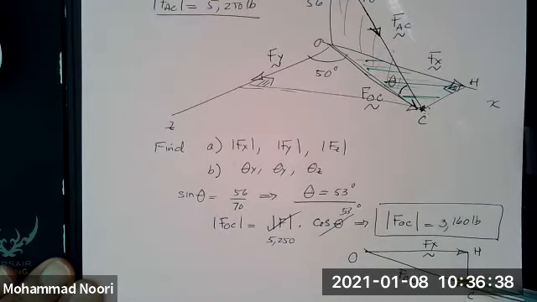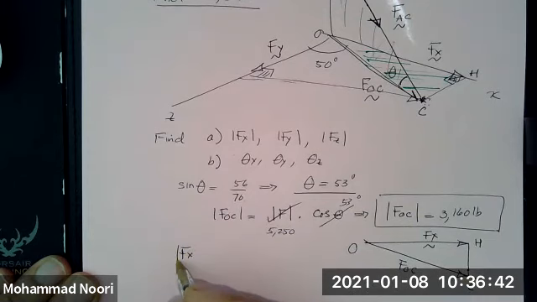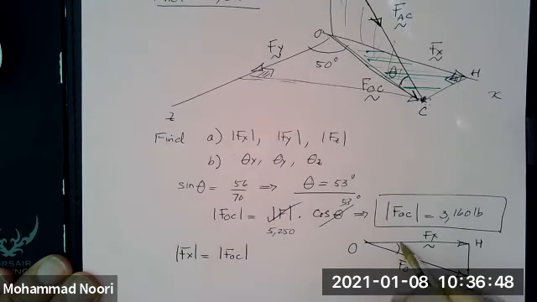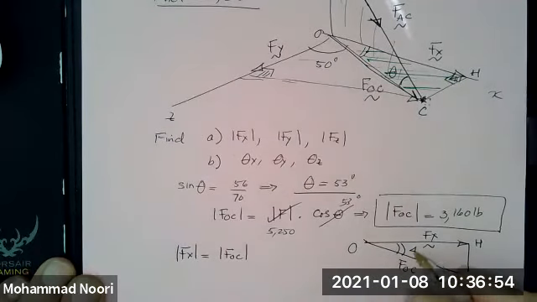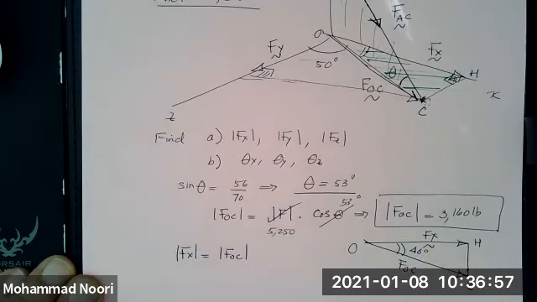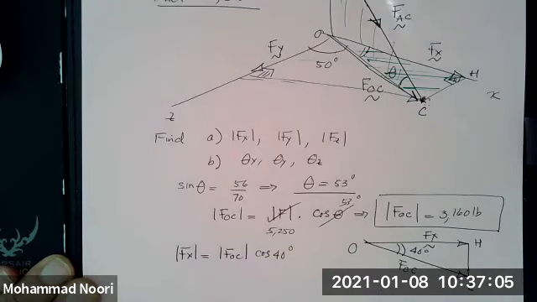So you can easily see that F of x is simply F of OC times this angle, and this angle is given. This is 50 degrees, so this angle is 40 degrees, okay? So this would be F of OC cosine of 40 degrees.